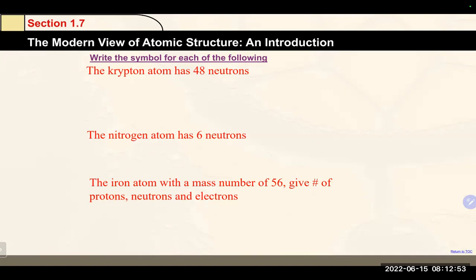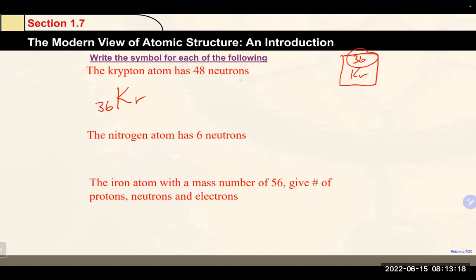So in this case, we have krypton, which has 48 neutrons. So we would want to go to the periodic table. If we go to the periodic table, we find krypton there at number 36. That top number is going to be our atomic number. It's also going to be the number of protons that we have. So we would start with Kr. Atomic number should go bottom left there.